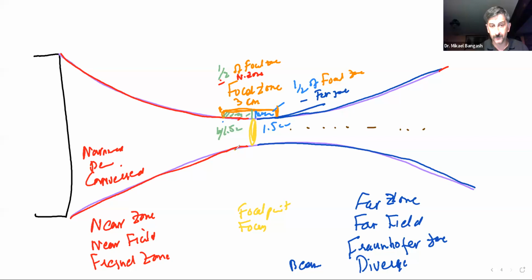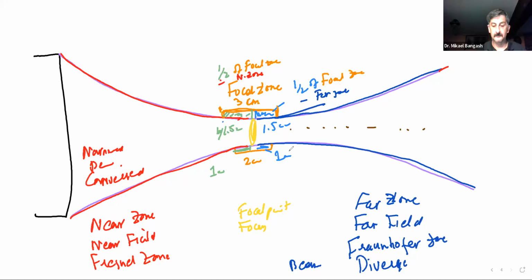Let's say our focal zone was just 2 centimeters. It's still going to be half of these 2 centimeters, which is just 1 centimeter, in the near zone, and the other 1 centimeter of your focal zone was going to be in the far zone.